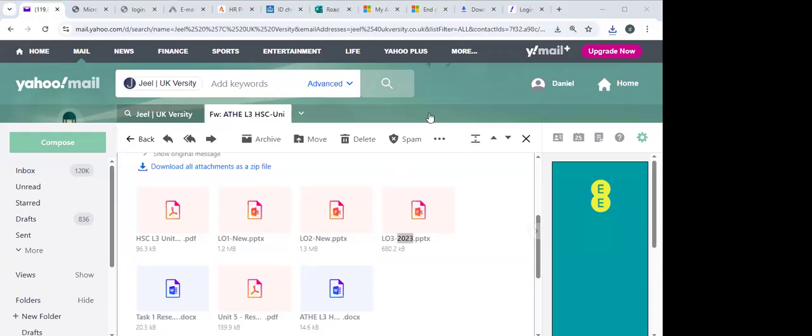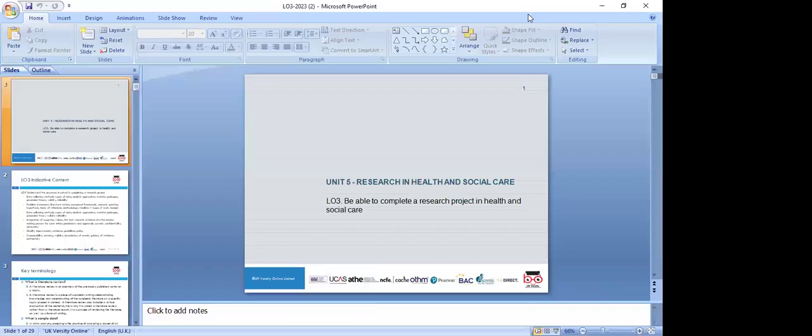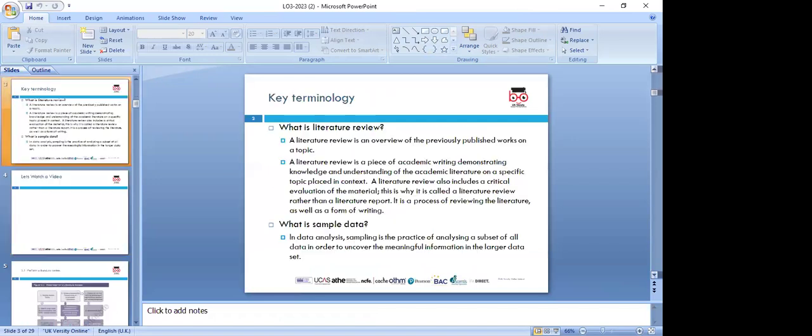LO3. Sure, and then we take it from there. So LO3. Now, what we intend to do is to look at the aspect where you're able to complete a research project within health and social care.